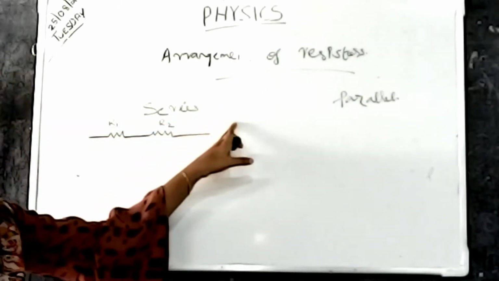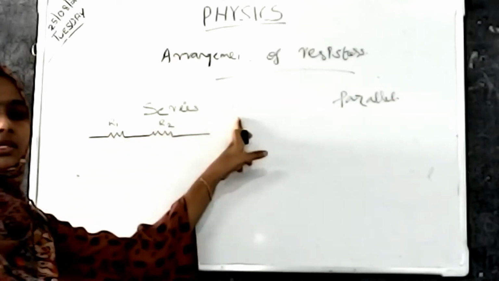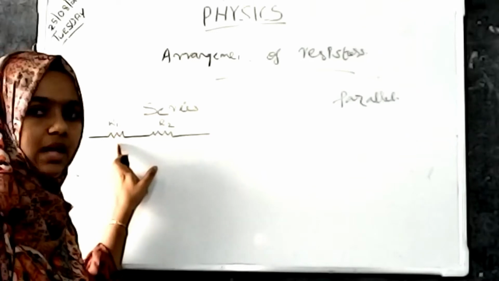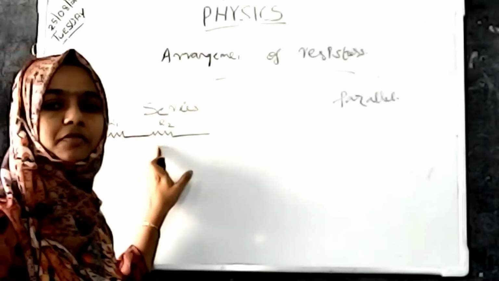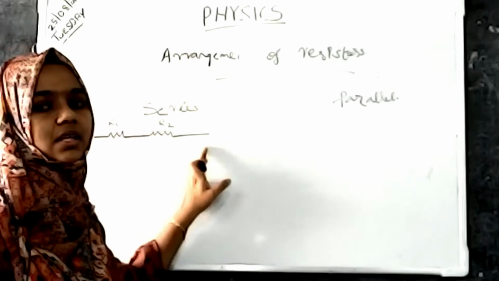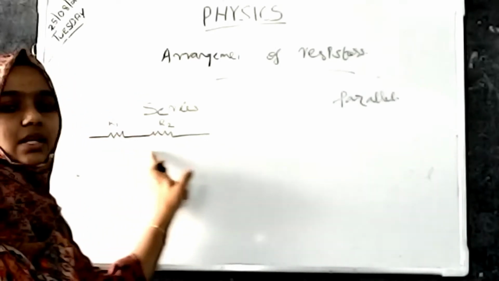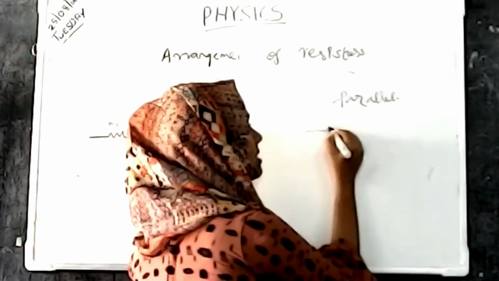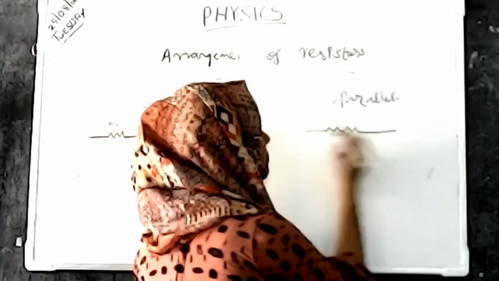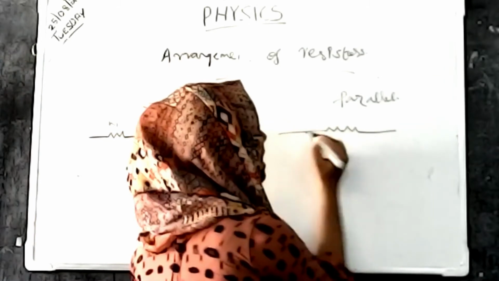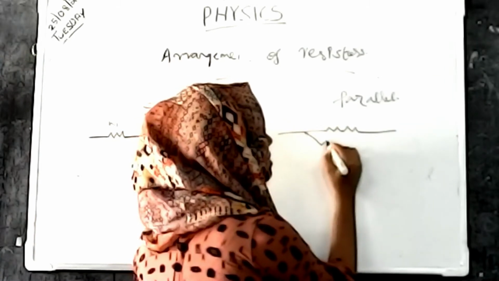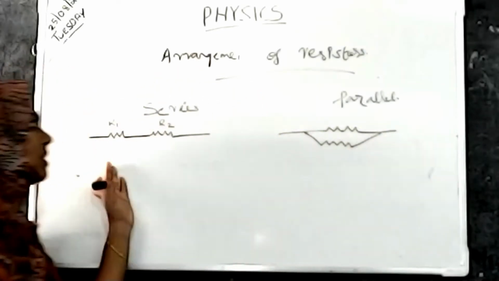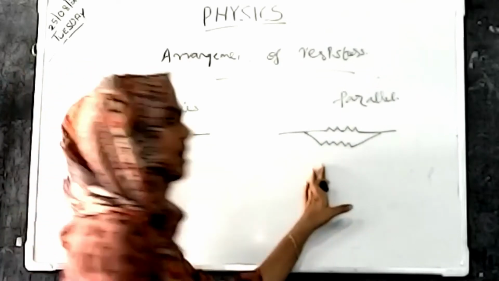In series connection, first we connect one resistor and to the end of that resistor we connect the other. In parallel, these are connected like branches. So this is series connection and this is parallel connection.